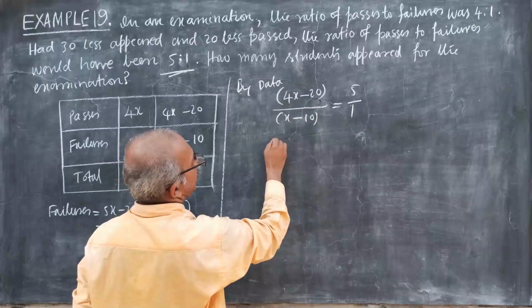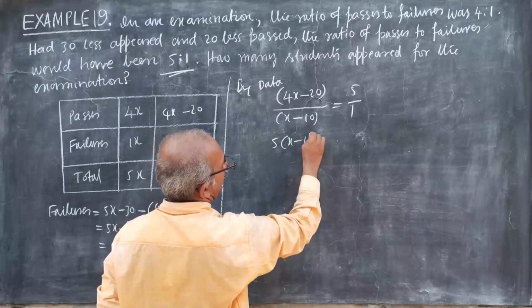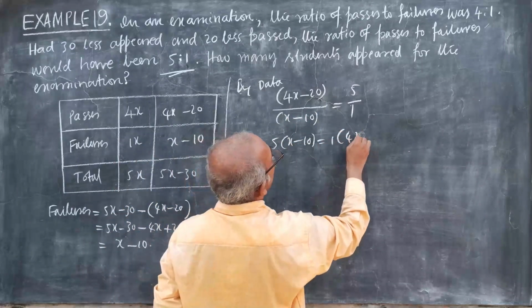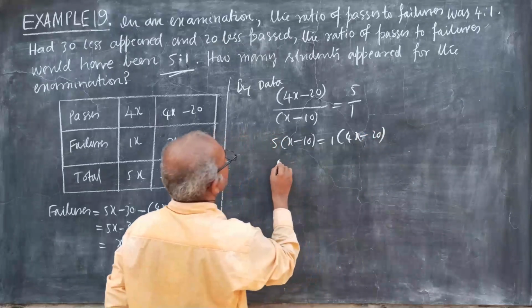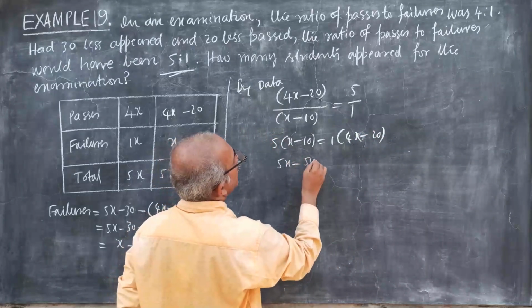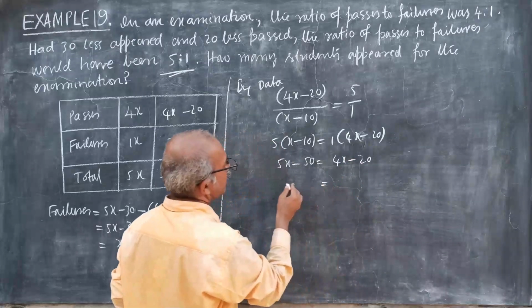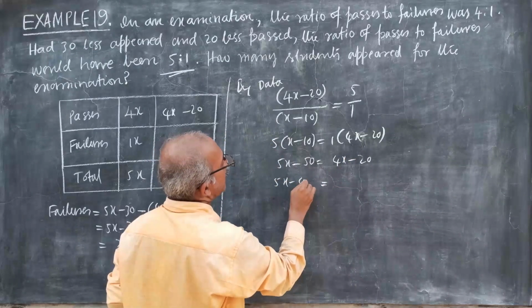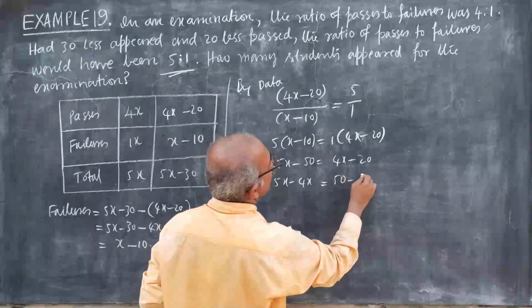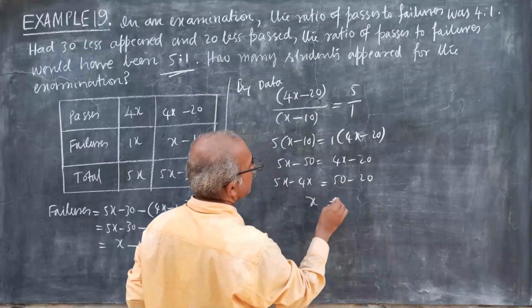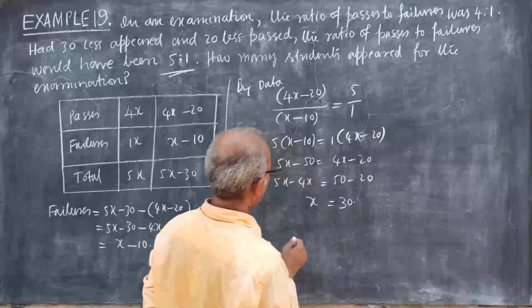Now we shall cross multiply. 5 into x minus 10 is equal to 1 into 4x minus 20. So 5x minus 50 is equal to 4x minus 20. So 5x minus 4x is equal to 50 minus 20. x is equal to 30.